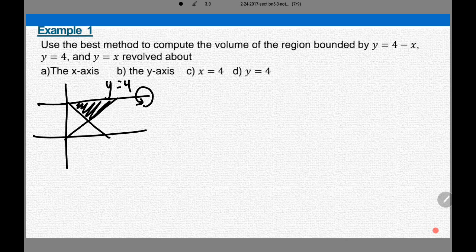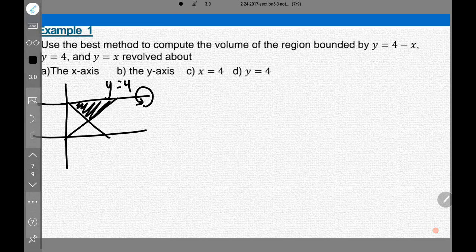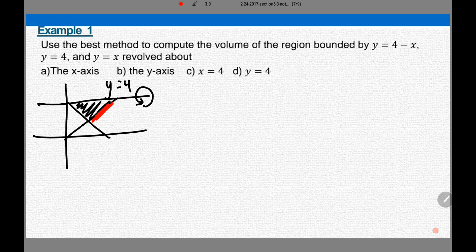And again, for this one, I chose to do the shell method because of the situation. We're rotating around a horizontal axis. We got a nice way to define a top and bottom piece here, or a left and a right piece, being right side, left side. So we can actually do our radius.